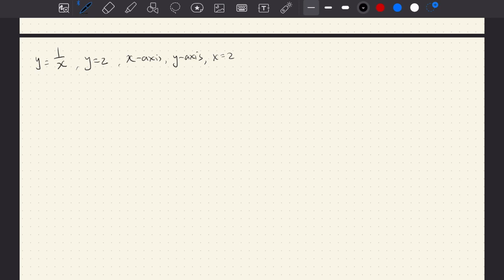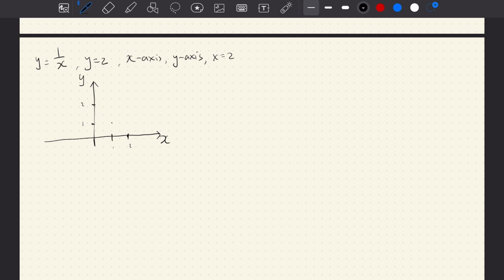Okay, so let's first look at the shape of this area and see what the shape of this solid of revolution is. So if we plot y equals 1 over x, you get something like this. So if this is 1, this is 2, this is 1, this is 2, then here you have 1.